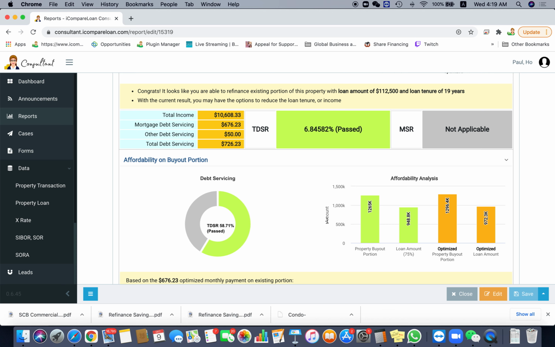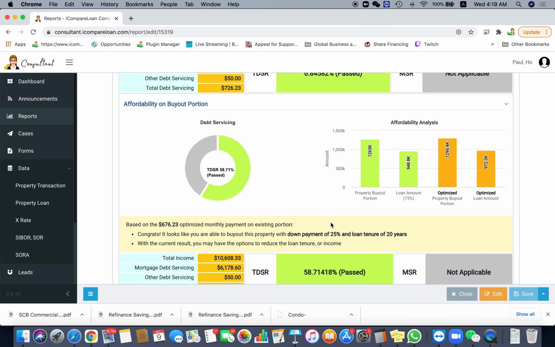So we look at him getting the existing loan plus getting the 75% loan, and he would still pass. So we say, congrats, it looks like John is able to buy out this property with a down payment of 25% and a loan tenure of 20 years, right?